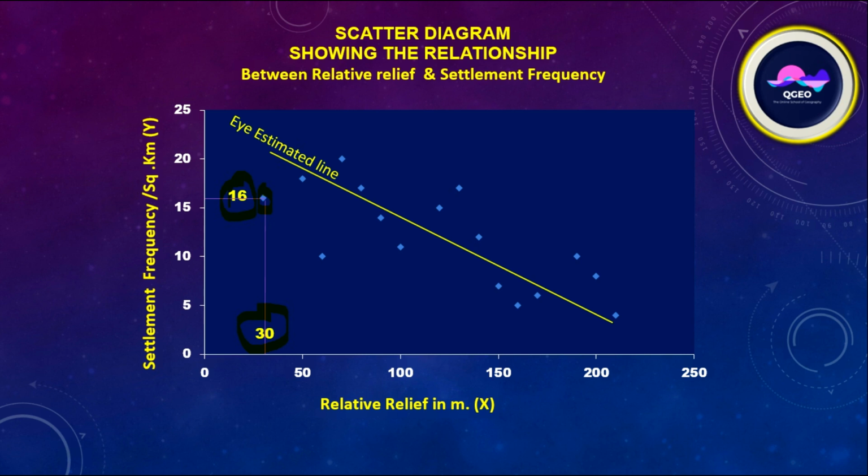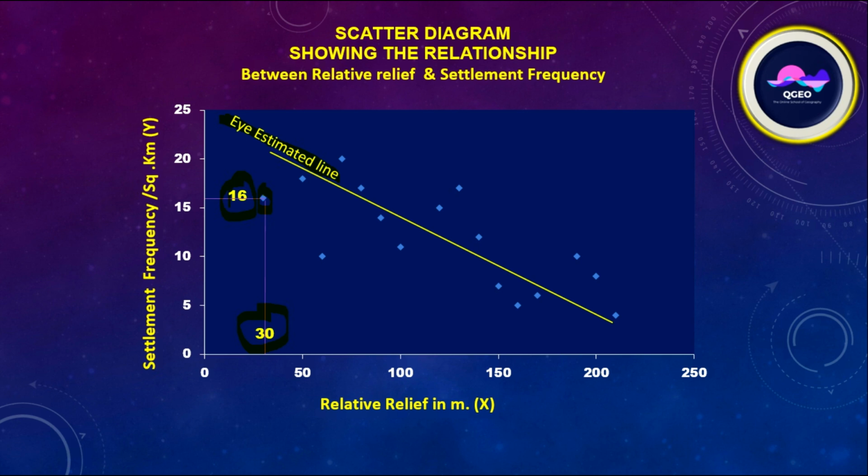After plotting these points, then we have to calculate an estimated line. We have to draw an estimated line. Here you can see the yellow line, the estimated line, which separates the points into equal halves.